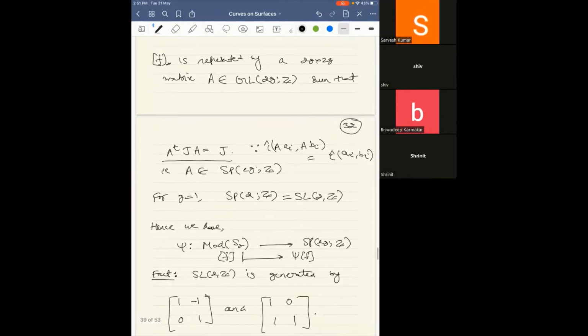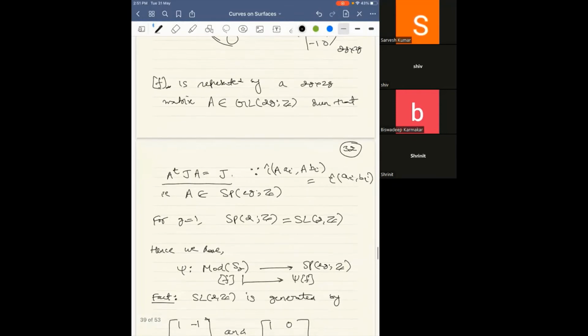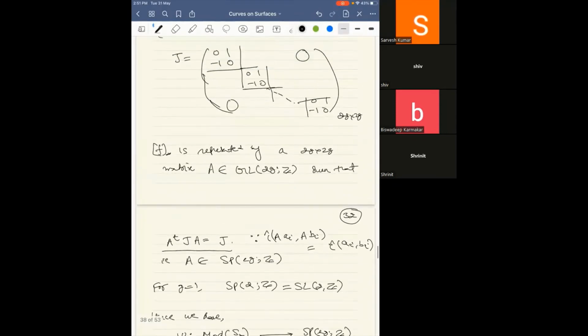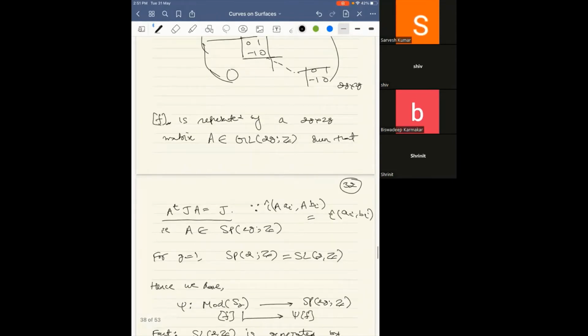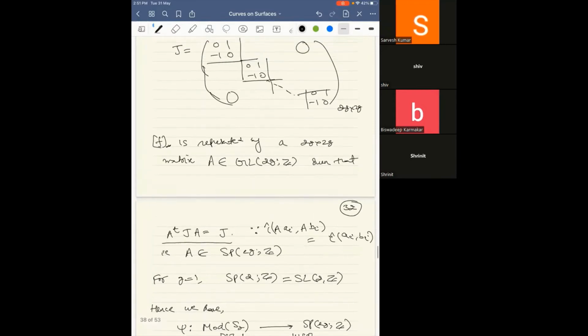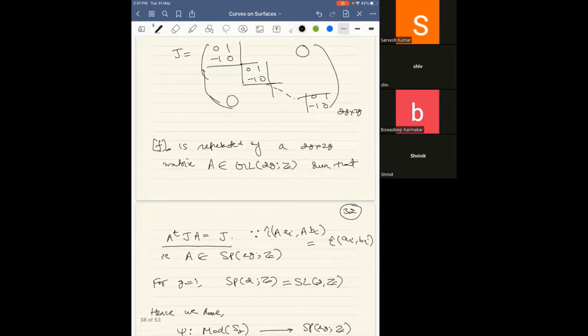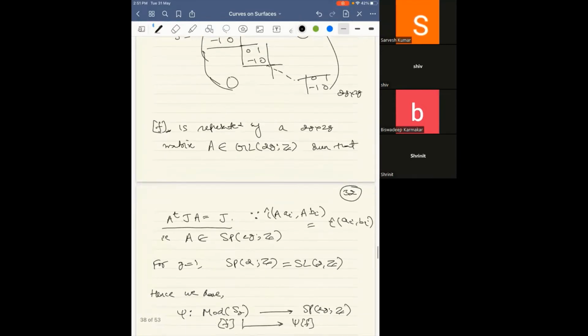Sir, I did not understand how you get this matrix J. Okay, so you have this form, right? This I had, and it is preserved, yes. So that's why you get this J. Okay, let me say this again.